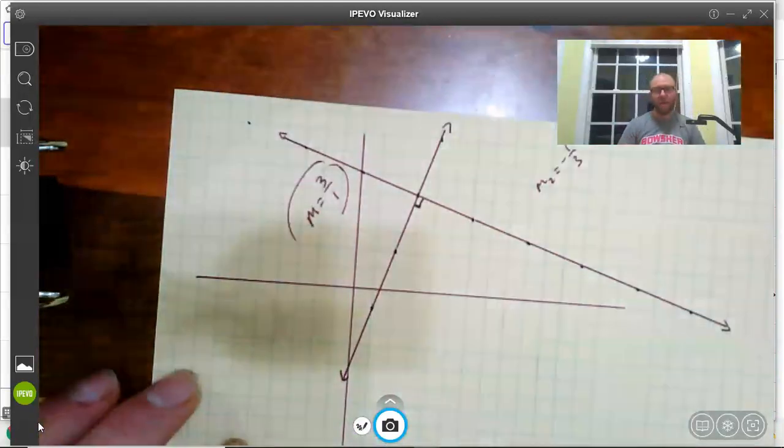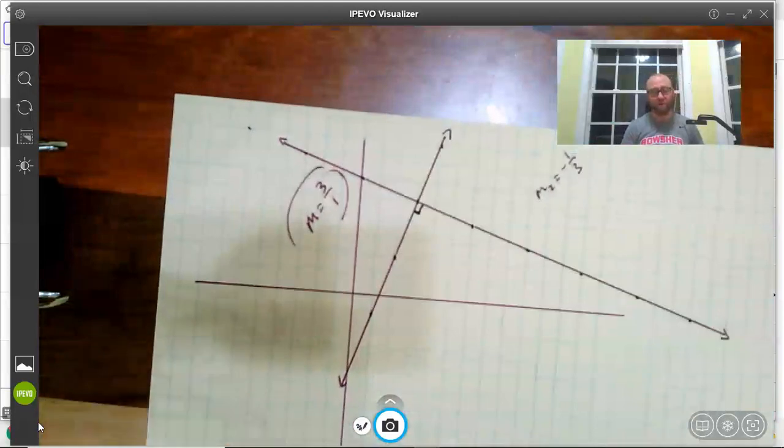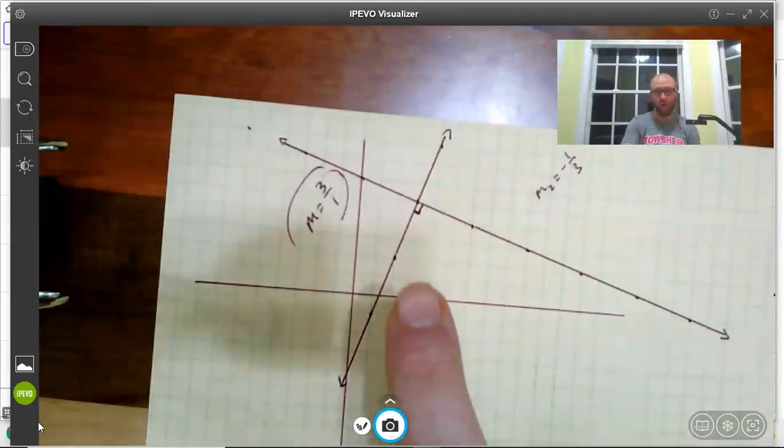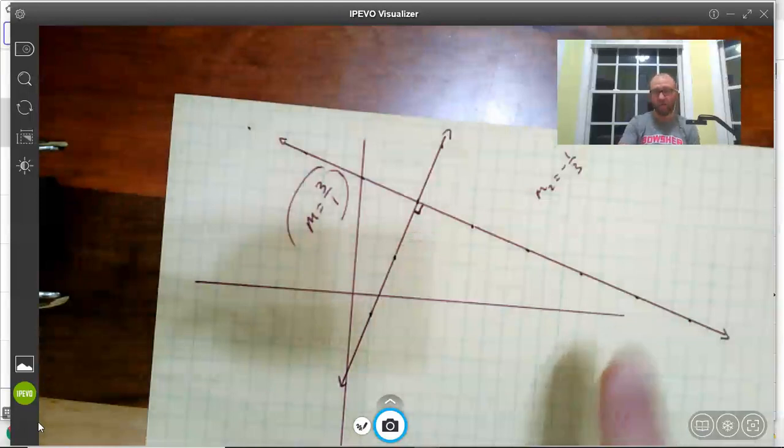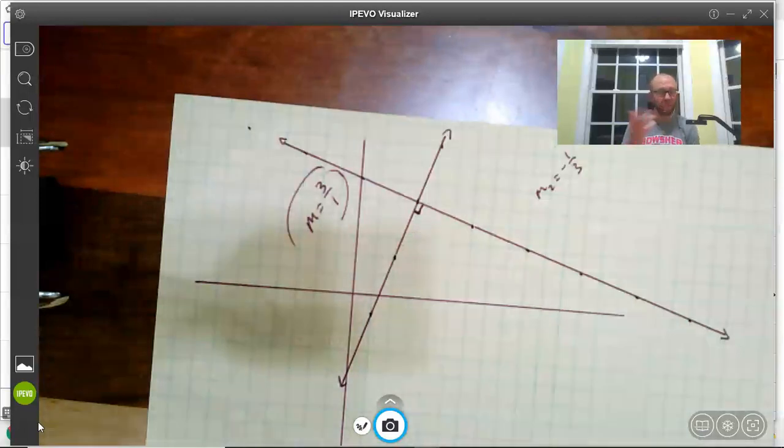So now all we have to do is travel along one of these sides some number of units, it doesn't really matter. And then travel along the other one a distance that's 3 times as far as that.